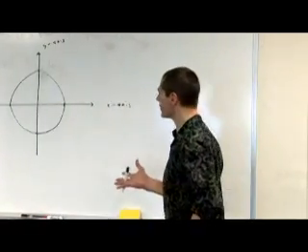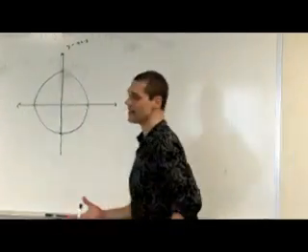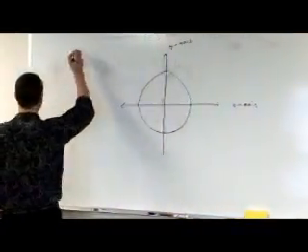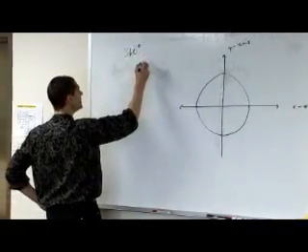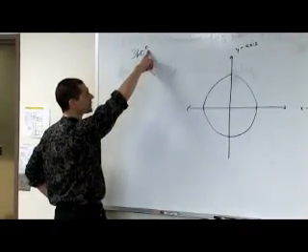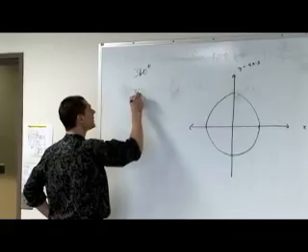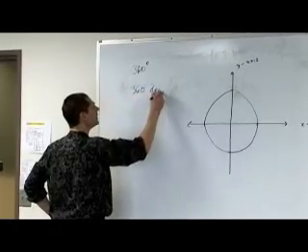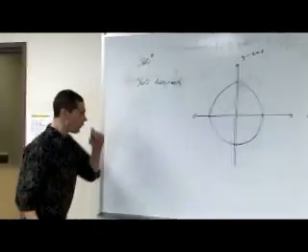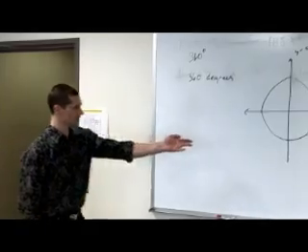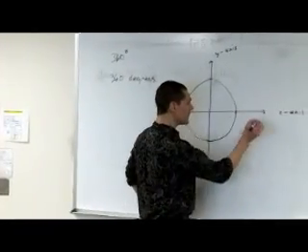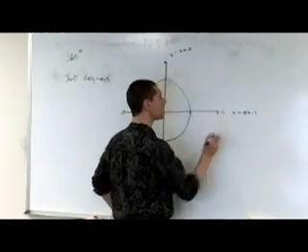What do you know about a circle and degrees? You know that there are 360 degrees in a circle, and the little circle means degrees. What does that mean in terms of this unit circle? This is the 0 point right here.